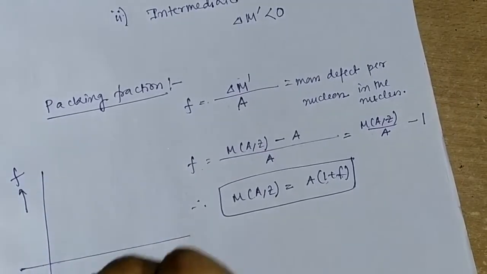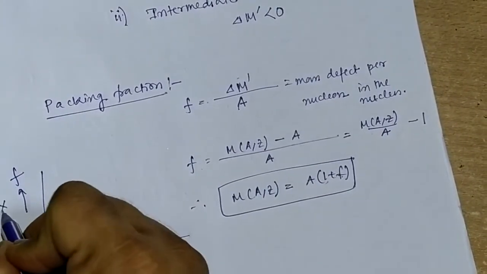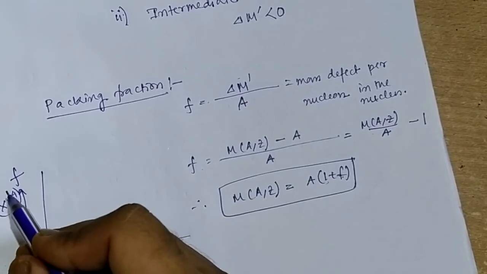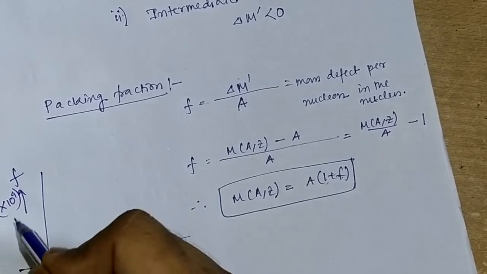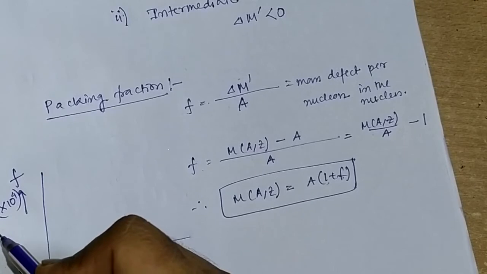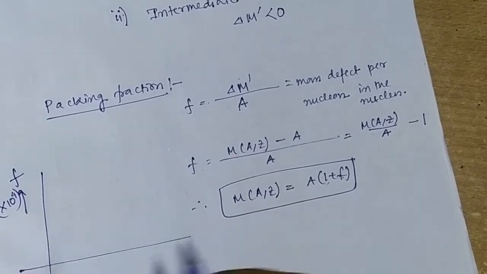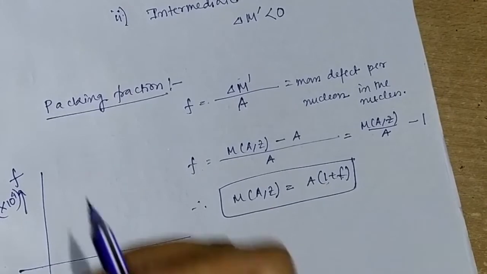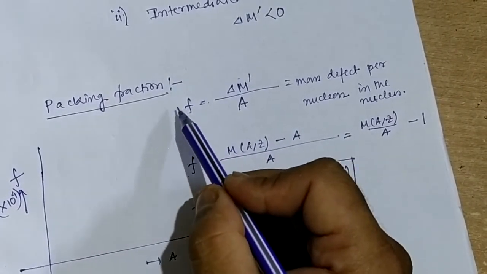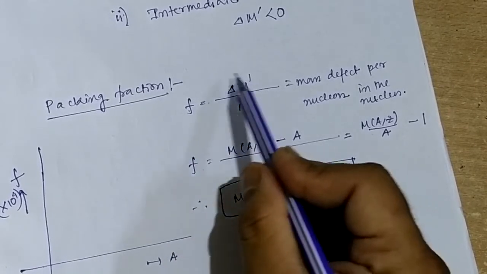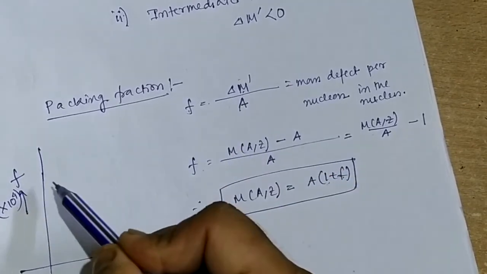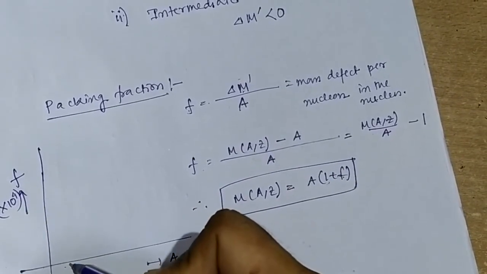Here this is the packing fraction times 10 to the power 4. Since it's a very small value, we have to multiply with this to increase the scaling. And here this is the mass number, and we have seen that the packing fraction is directly proportional to del m prime. For light nuclei del m prime will be positive, that means packing fraction will be positive for lower A value.